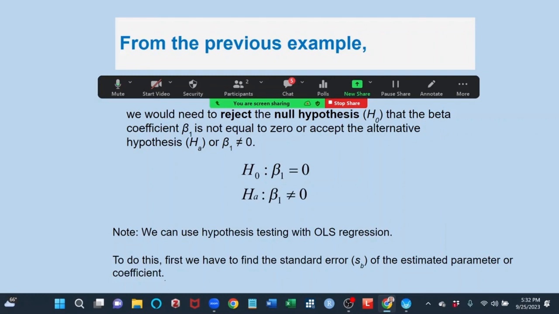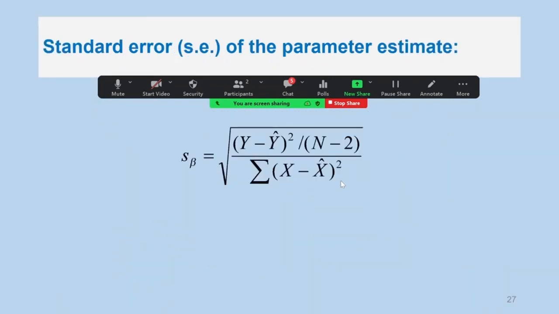To do this, we have to find the standard error of the parameter. Again, you don't have to remember this. But the higher this standard error, the less likely you are to reject the null.